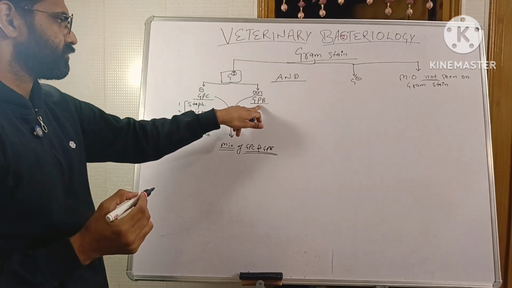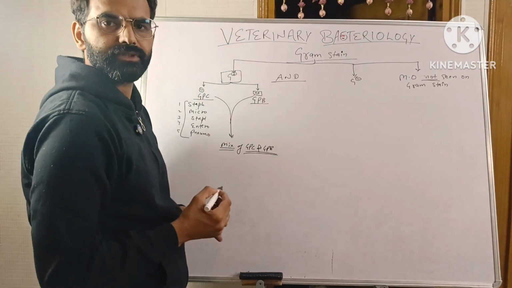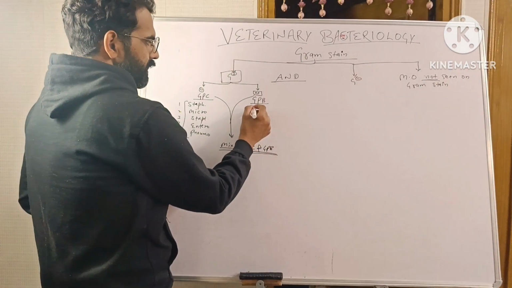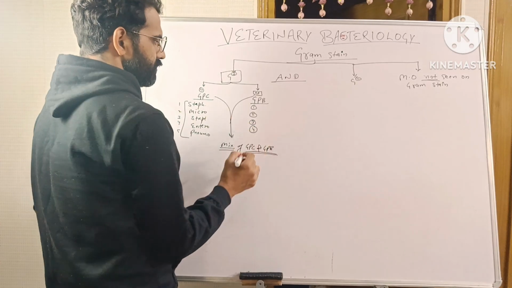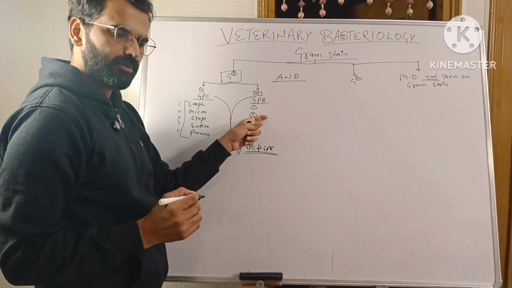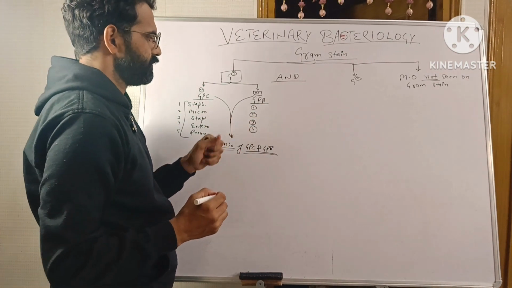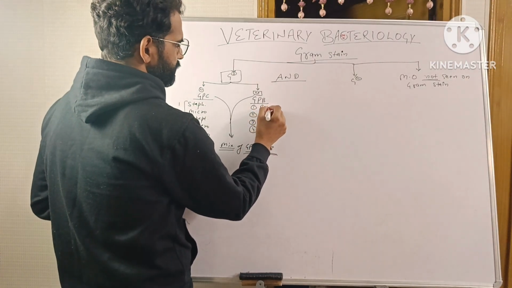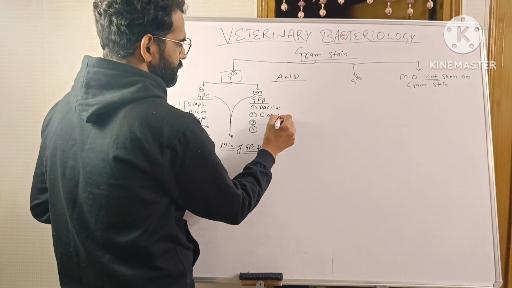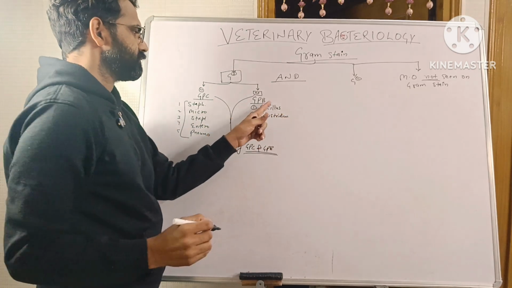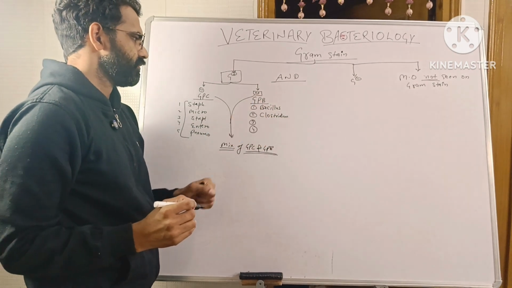Then we have gram positive bacilli, that is gram positive rods. Here we have at least 4 bacteria. 2 have spores and 2 do not produce spores. Bacillus and Clostridium are spore producing gram positive rods.